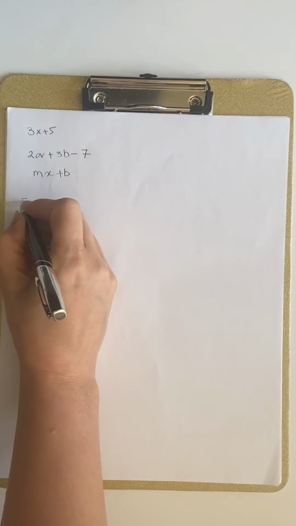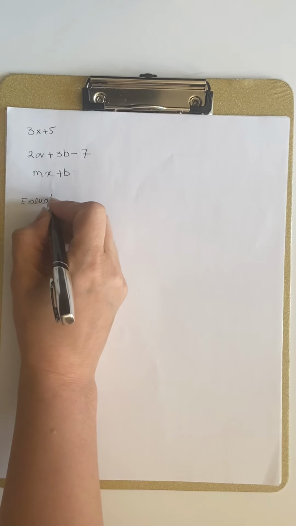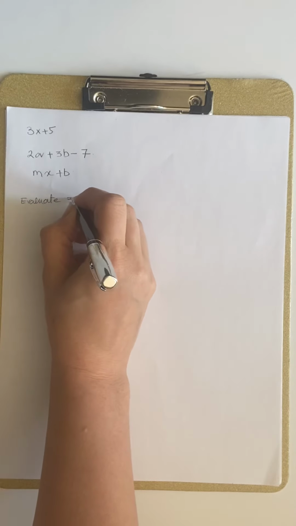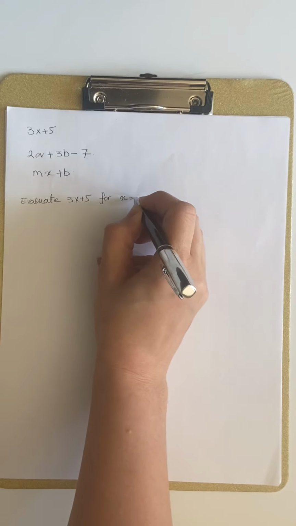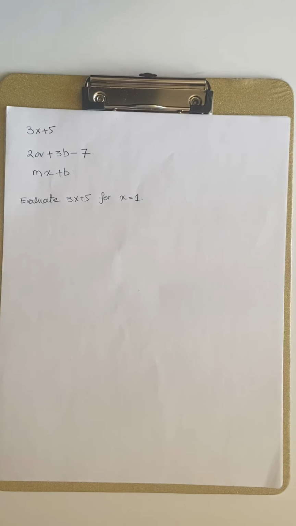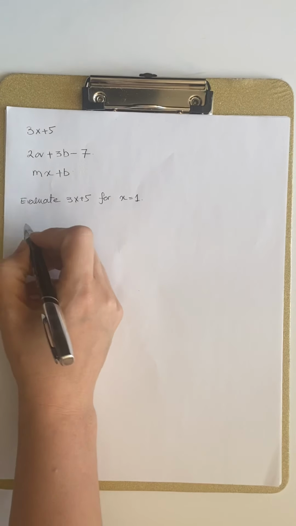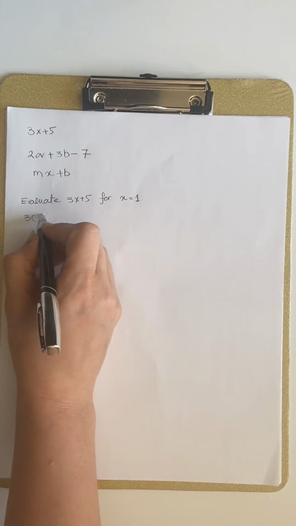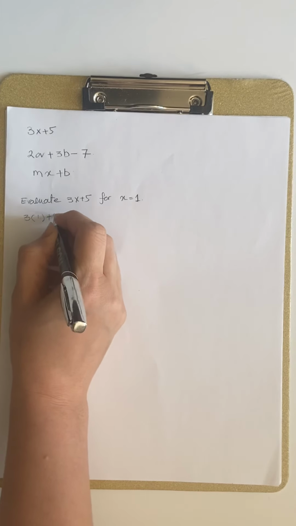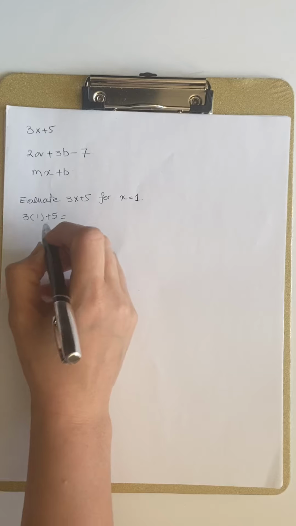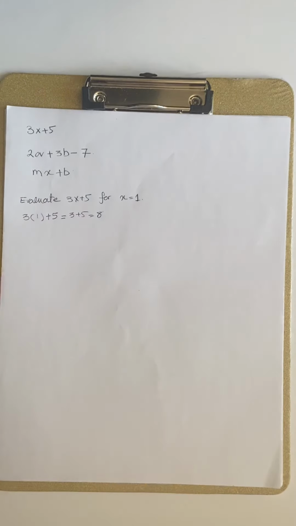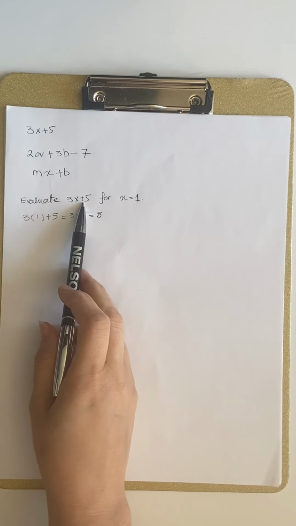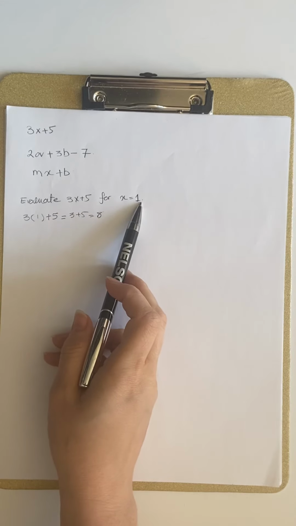If I want to evaluate 3x plus 5 for x being 1, this is how I evaluate it. I say 3 times 1 plus 5. 3 plus 5, which is simply 8. I evaluated this expression for x equals 1.